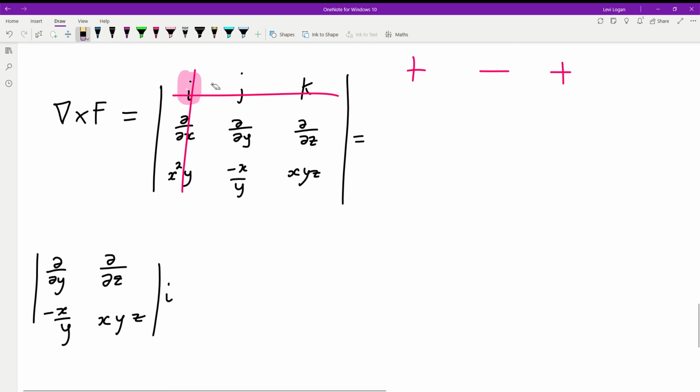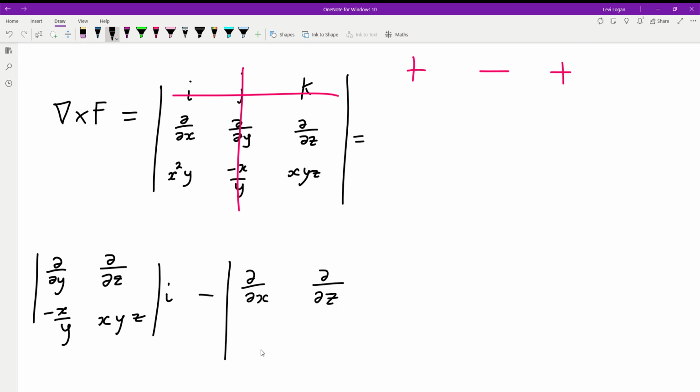Right, so then the next bit will be this 2 by 2 here. And this one has to have a minus in front because it has to follow the pattern plus, minus, plus. So it will be minus, square bracket, so del x, del z, x squared y, and then x, y, z.